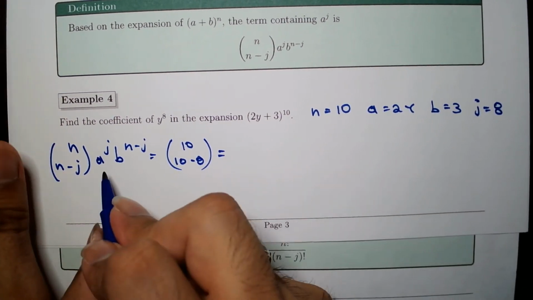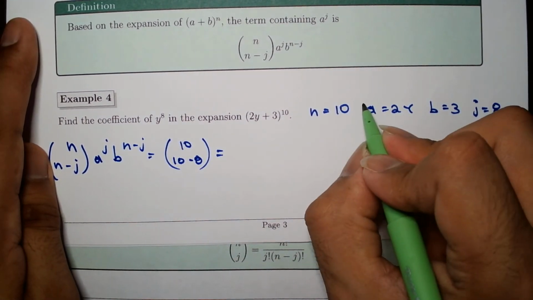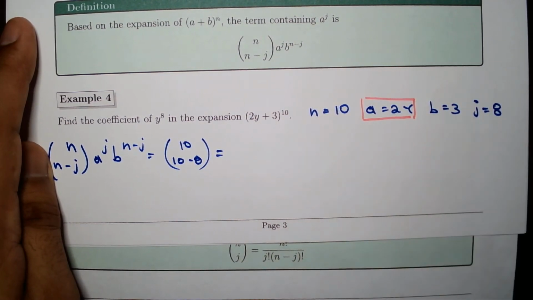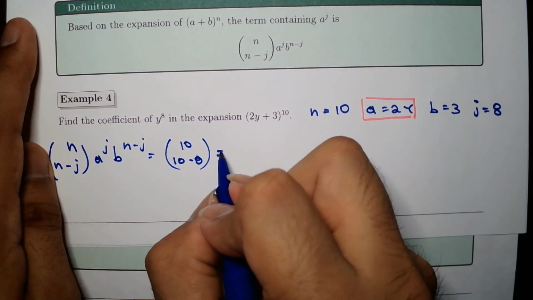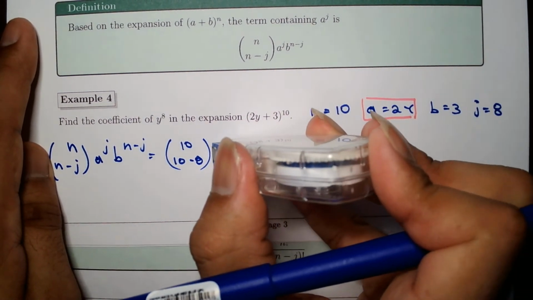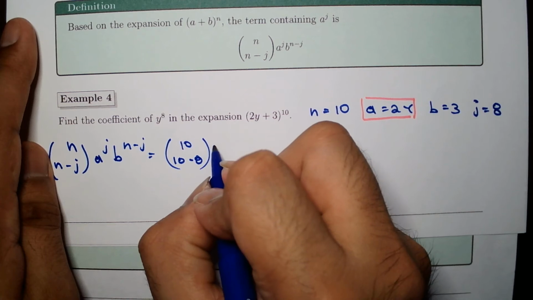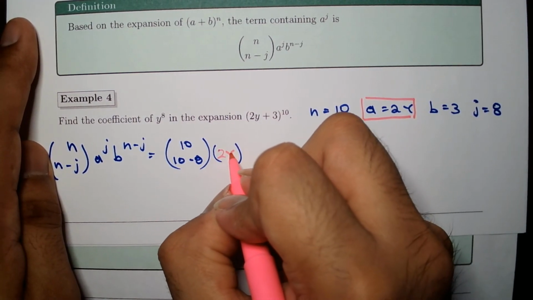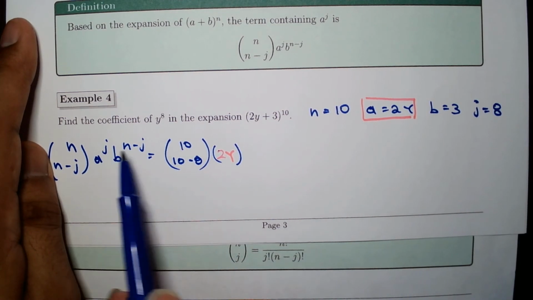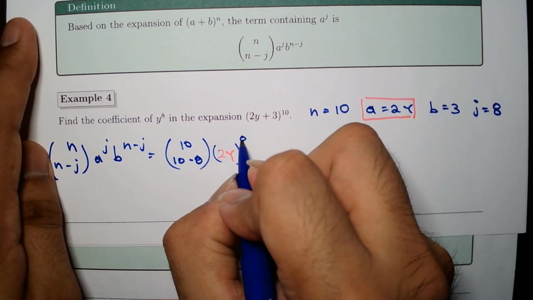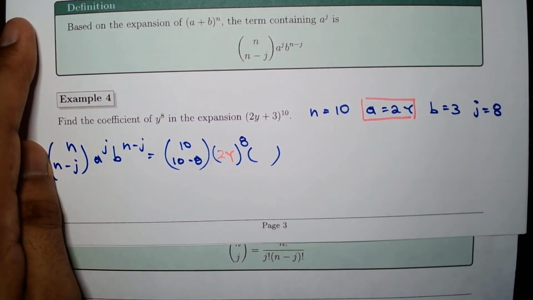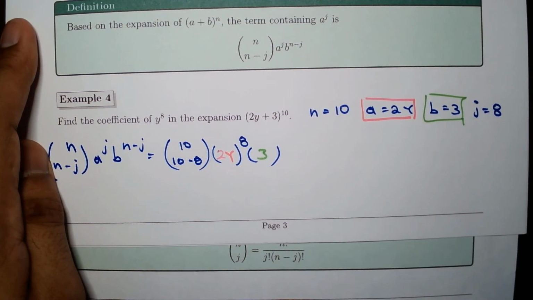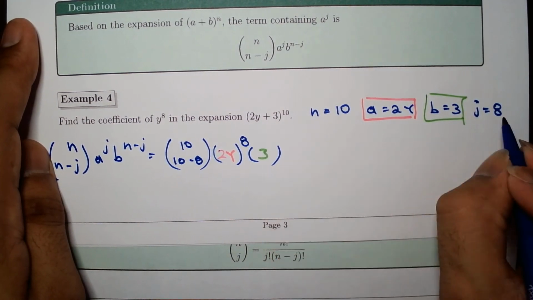The quantity a, which in this case is 2y, to the j power, which in this case is 8, times the quantity b, which in this case is 3, to the n minus j, so 10 minus 8.